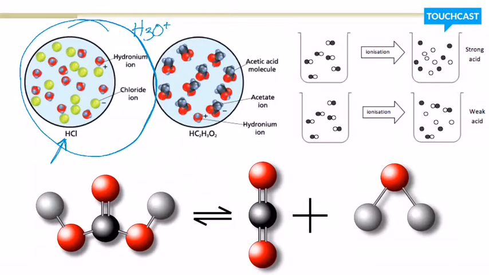So anytime you see hydronium ions, just recognize that hydrogens in water don't necessarily stand by themselves. They like to hang out with the water and make weak bonds with water to make an ion. And then over here you see where the chloride ion is. So that's a strong acid.